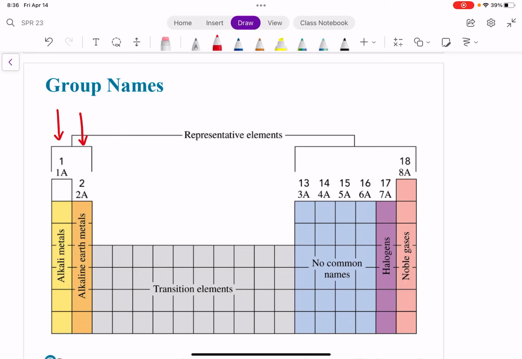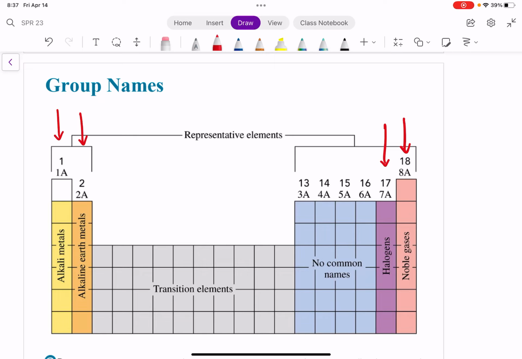In fact, I would highly recommend labeling it and then maybe color coding it after you have more information about where everything is. Then moving on to the right and just looking at the tall columns, I have halogens in group 7A, and noble gases in group 8A. You might have heard the term noble gases before.